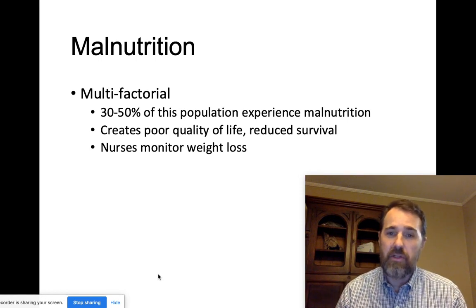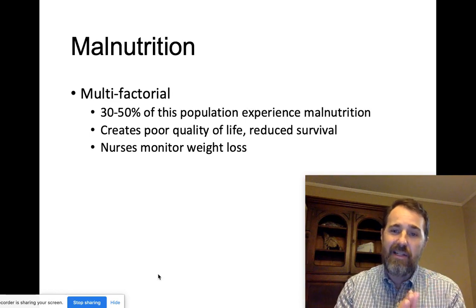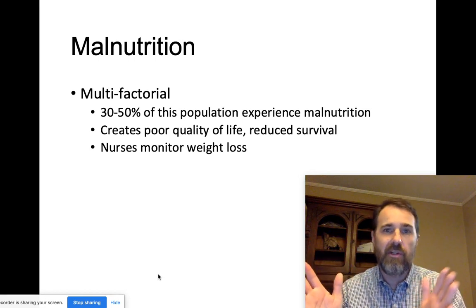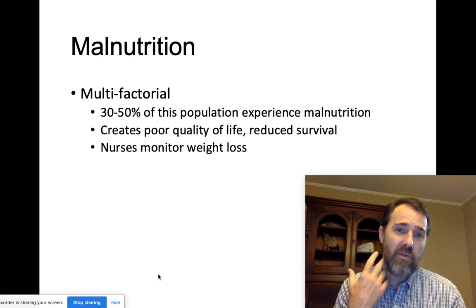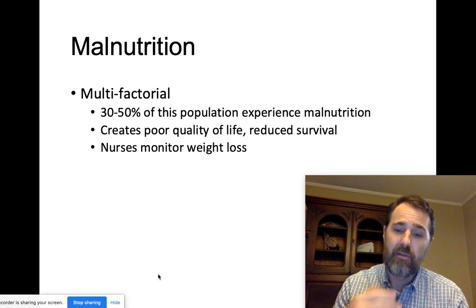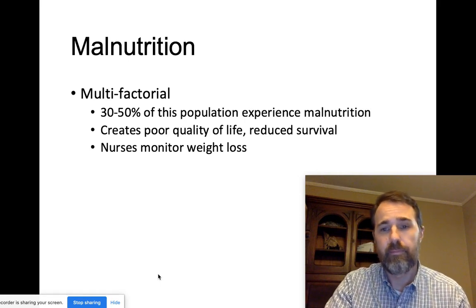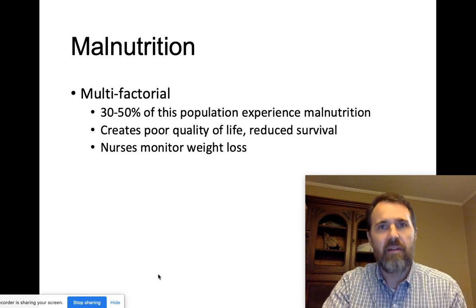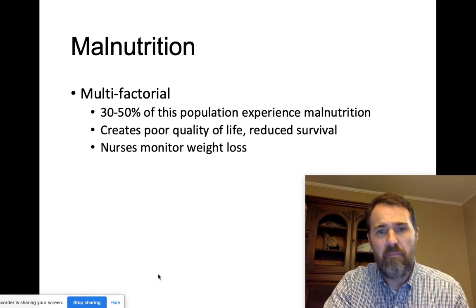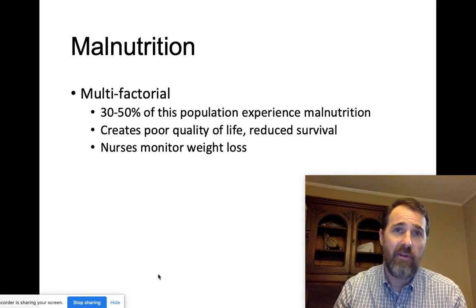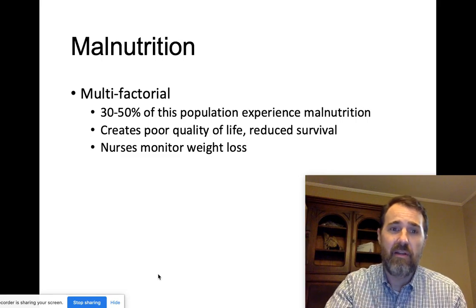That's a medical issue. As SLPs, we're at the intersection between appropriate nutrition and malnutrition because we're the ones working with the patient on their swallowing. So you try to do what you can to minimize the negative impacts that they're experiencing and try to maximize their nutrition.